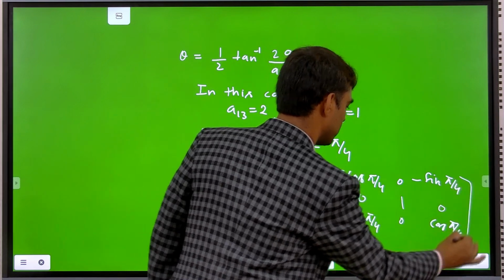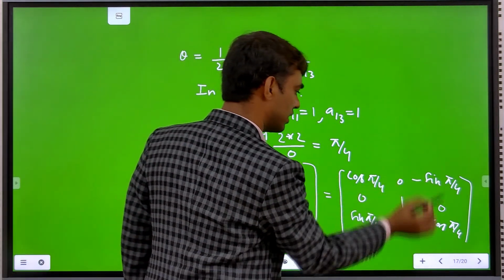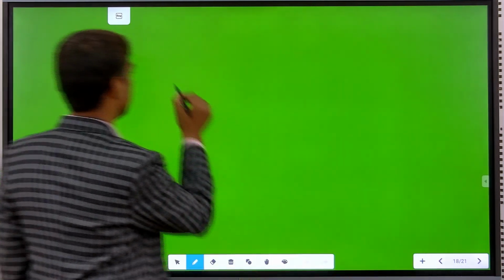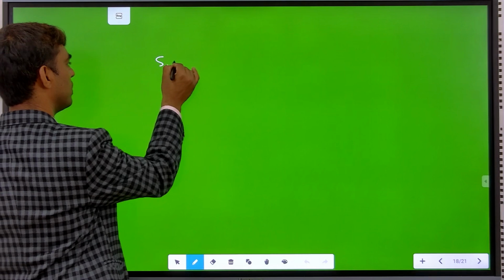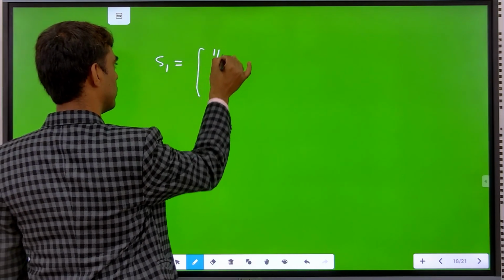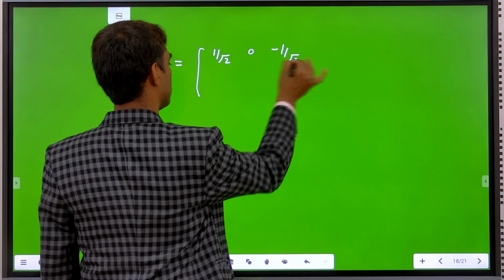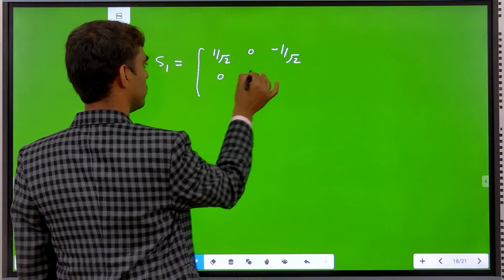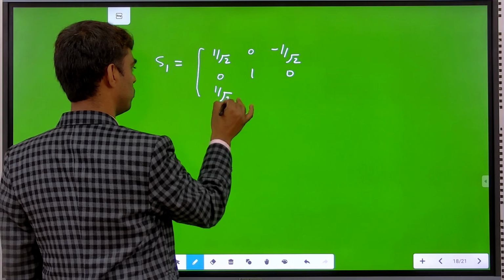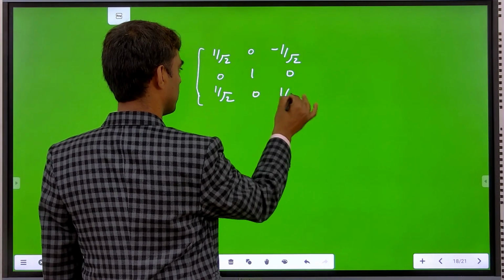If we put in the values of cos pi by 4 and sin pi by 4, the transformation matrix becomes S1 with 1 by root 2, 0, minus 1 by root 2, then 0, 1, 0, and then 1 by root 2, 0, 1 by root 2.